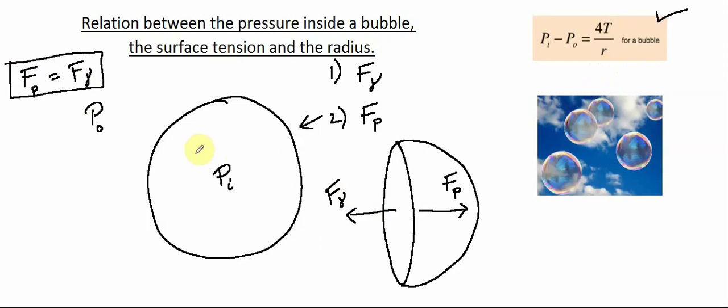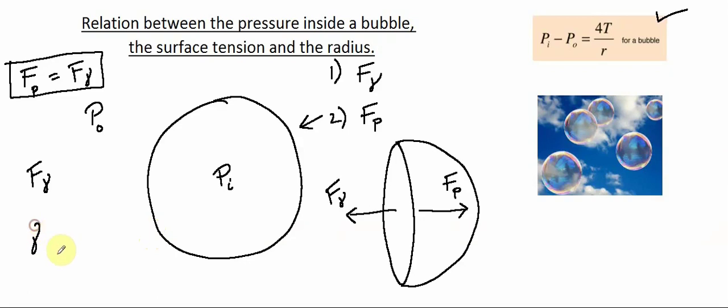So let us carry on with the derivation. We notice that F gamma is simple to evaluate. It is the force due to the surface tension. It is the force due to pressure that we need to work out. So let me first write the force due to the surface tension. We can write this force simply from the definition.